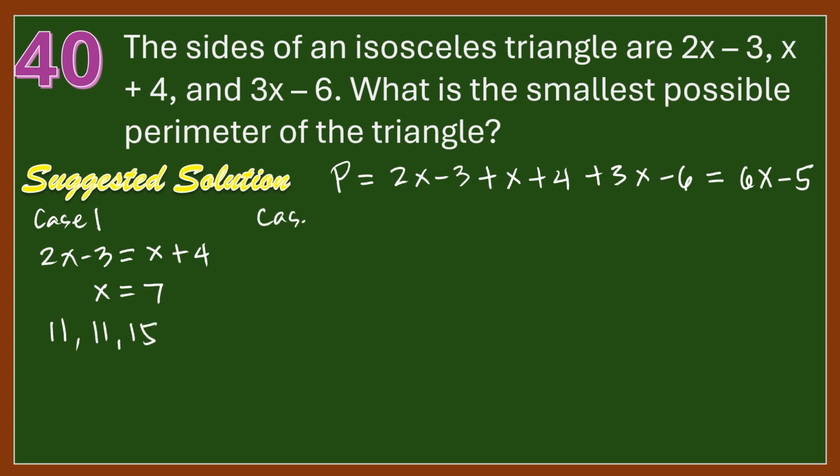Let's have case 2, when the two sides that are equal are 2x minus 3 and 3x minus 6. Solving for x, we get x is equal to 3.